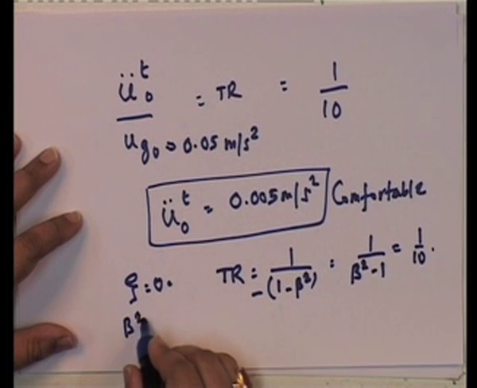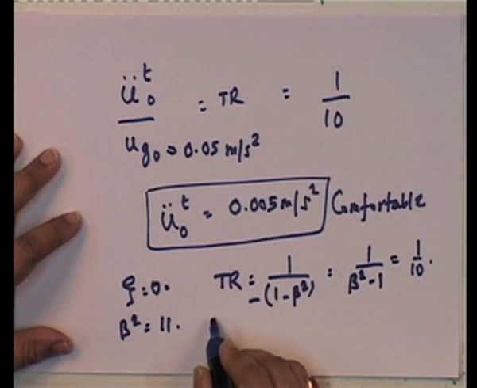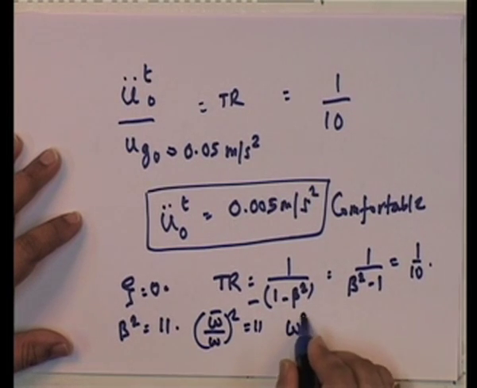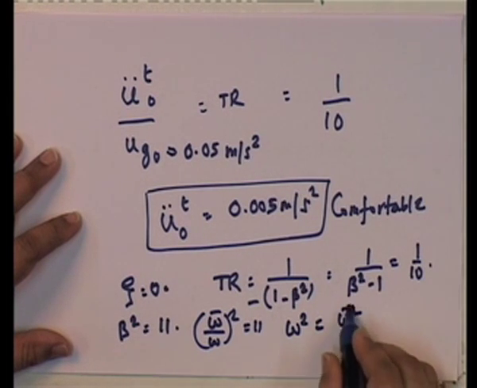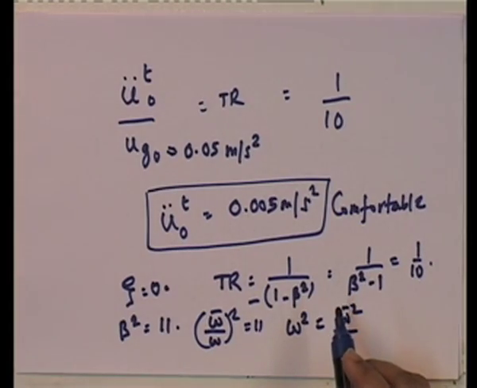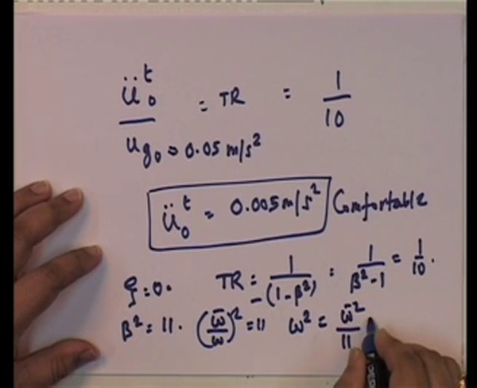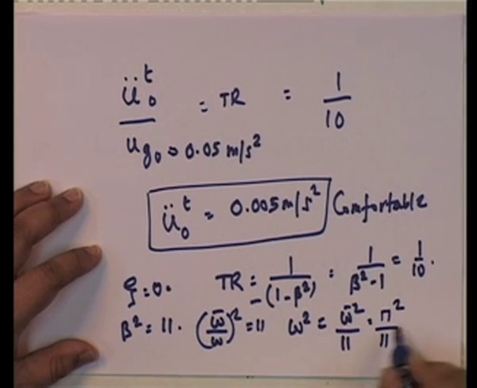So, beta squared is equal to 11, and beta squared is nothing but omega bar upon omega squared, equal to 11. So, omega squared is equal to omega bar squared upon 11. Omega bar was pi, so that is pi squared upon 11. So, essentially this is k upon m.